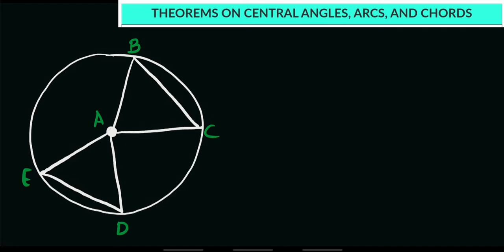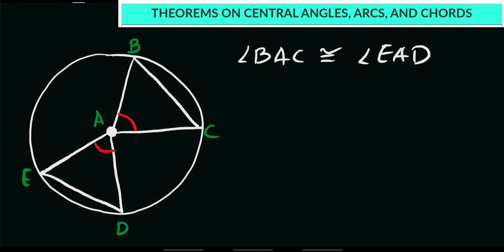Actually, we have three. Number one is the theorem on central angles and their corresponding arcs. For example, in this given figure, we have this first angle, angle BAC. If angle BAC is congruent to another central angle, angle EAD, then according to our figure, their corresponding arcs are also congruent.